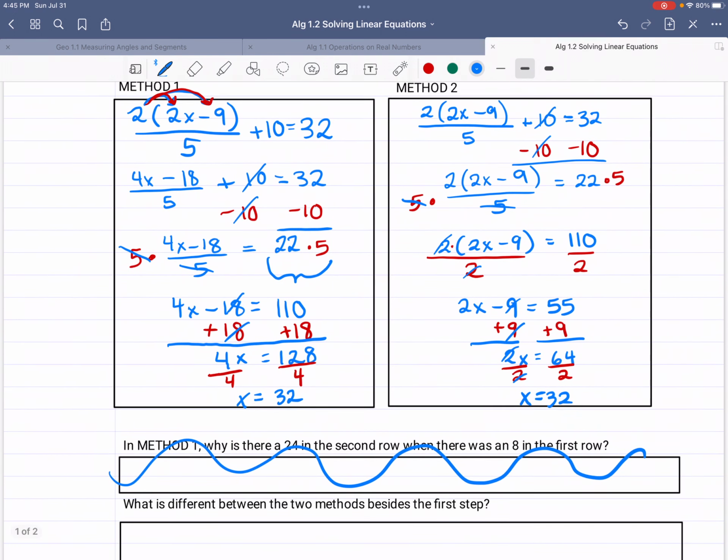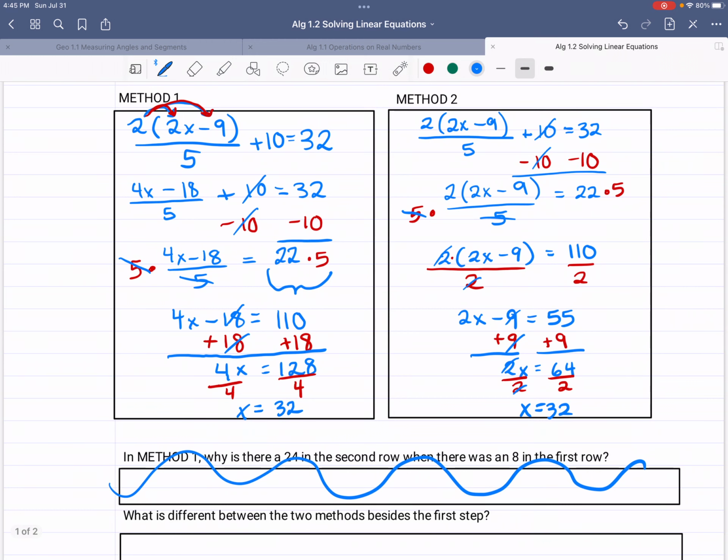So the first step we distributed on method 1. In method 2, we subtracted 10 first. So that is one difference, but they're not asking about that difference. So when did things change? So right here we still had 110, and in this section we had 110.